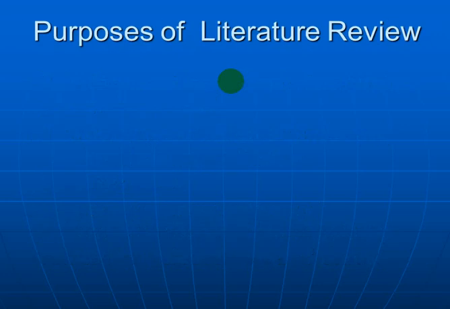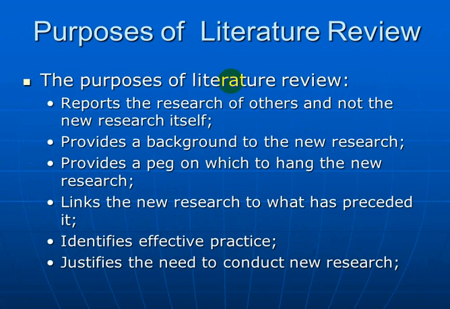Now, what are the purposes of literature review? Who can answer that? So look here, these are the purposes of doing literature review. The first one is that literature review reports on the other researchers. It is not a new research itself until you collect the data, interpret the data, and then write up your research paper.